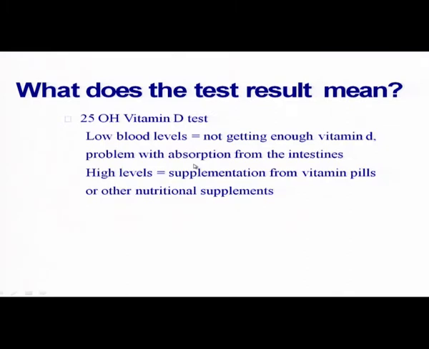So you see over there, what exactly do these results mean? When you have low blood levels of vitamin D, that's the indication. So what could you expect? You could expect the person is not getting enough vitamin D. So, you could consider it could be a problem with absorption.